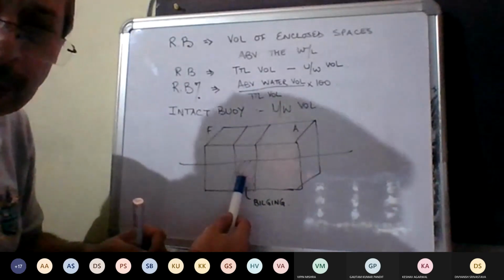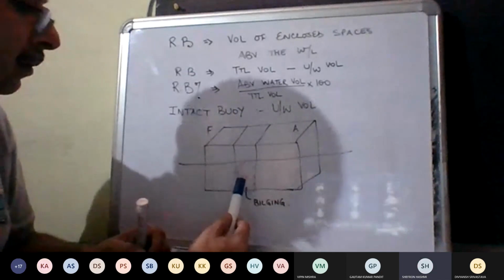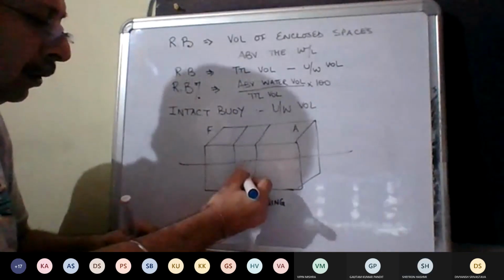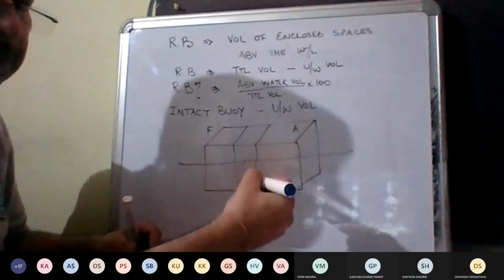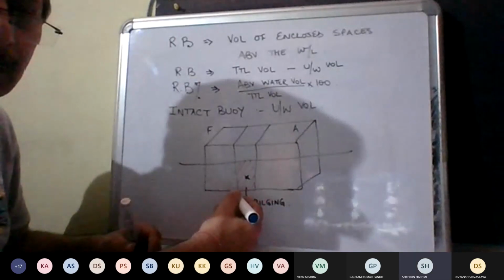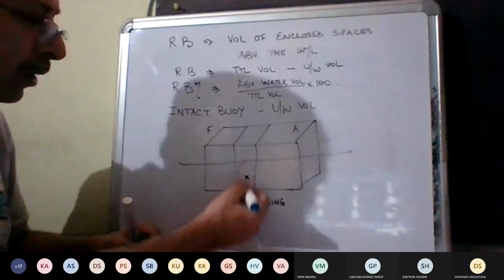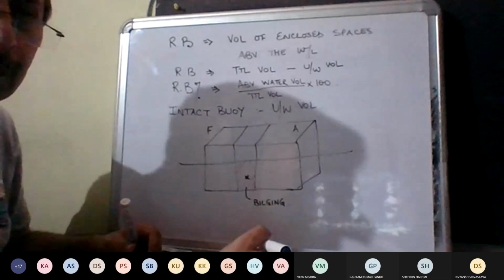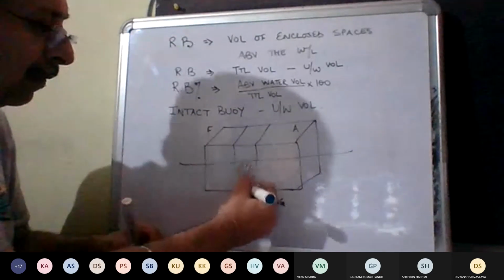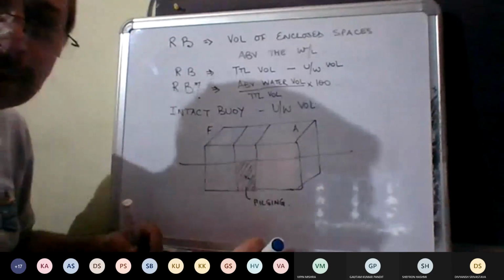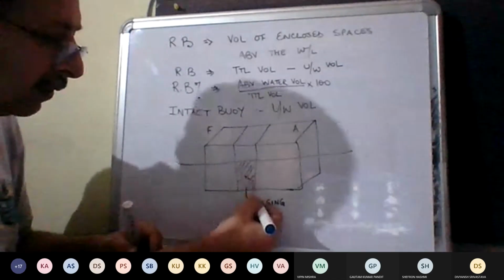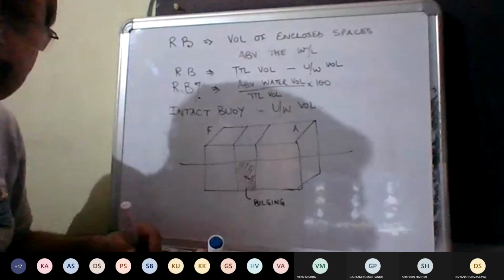I have a hole here, a hole in my ship side. So the water will come in through the hole. Now I've got water inside. This process is called bilging.